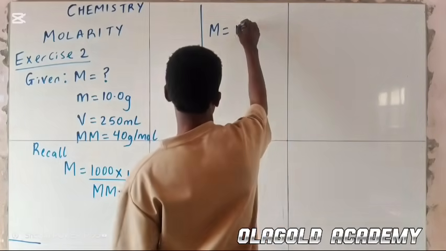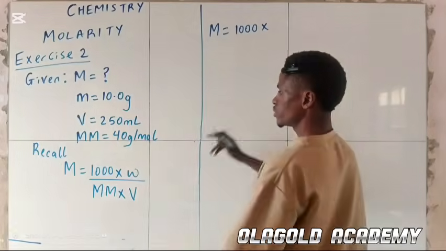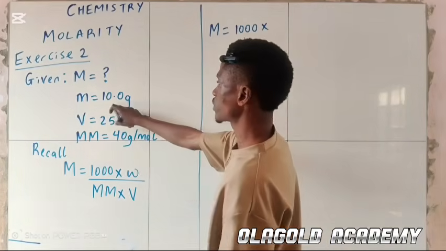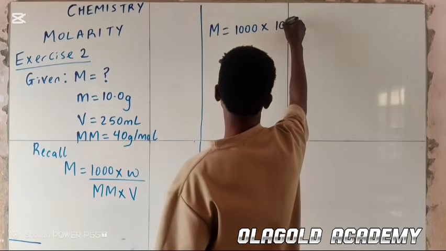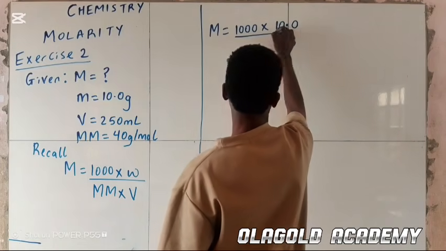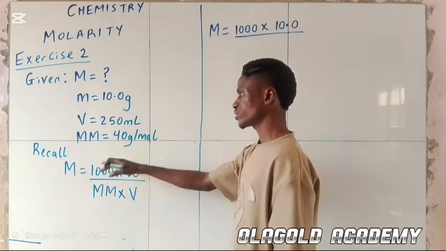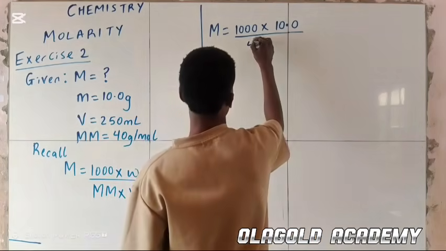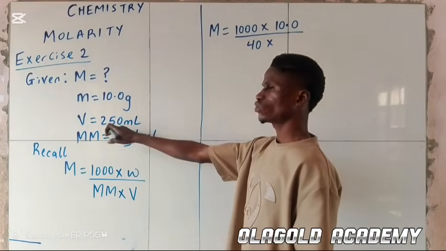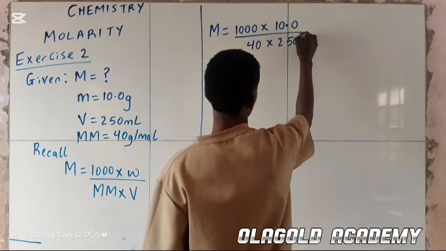So I have 1000 multiplied by the given mass, 10.0, over the molar mass, 40, multiplied by the volume, 250.